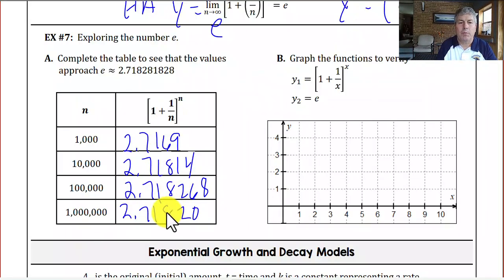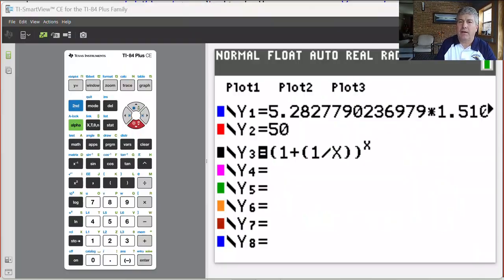So I completed the table, and in B it says graph the functions y1 equals 1 plus 1 over x to the x, and y2 equals e. I'm going to steal my window from my problem here, so my y's I'll go between like -1 and 5, and my x's I'll go out to 10, and we'll see what that looks like.